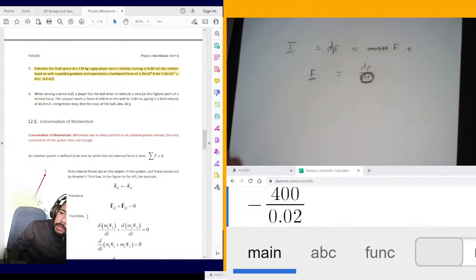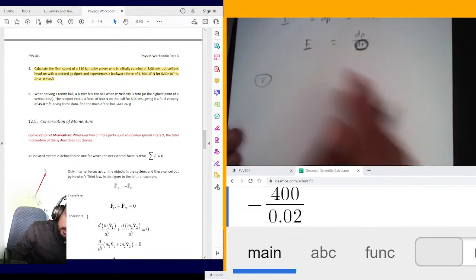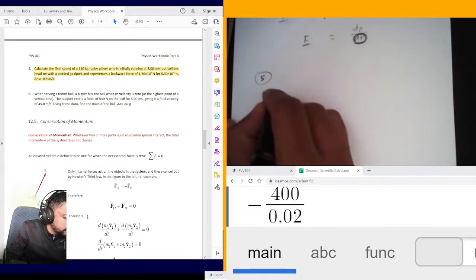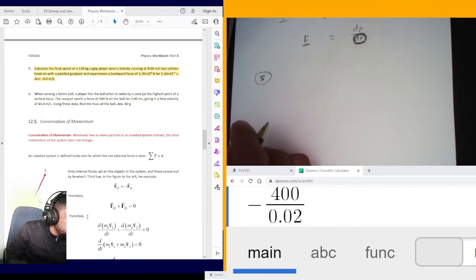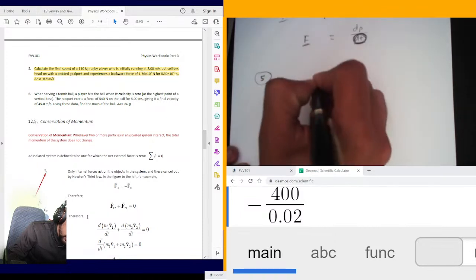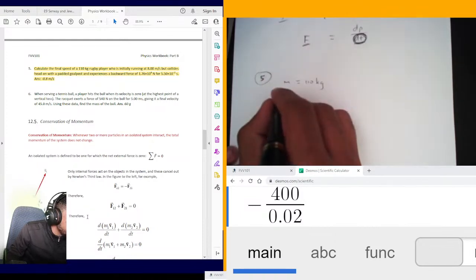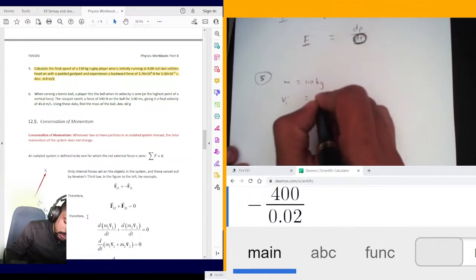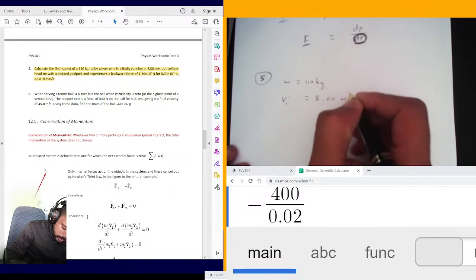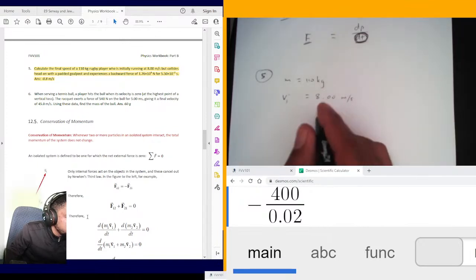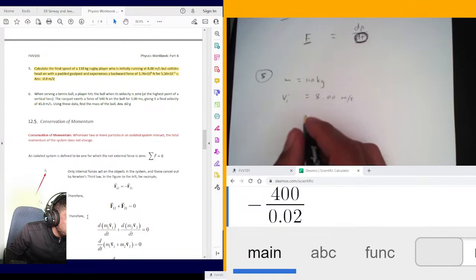So here we go, question number 5. Calculate the final speed of a 110 kilogram rugby player. The mass is 110 kilograms. He's initially running at a speed of 8 meters per second, and he collides head-on with a padded goalpost and experiences a backward force.